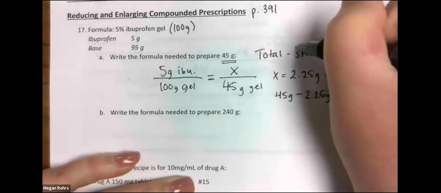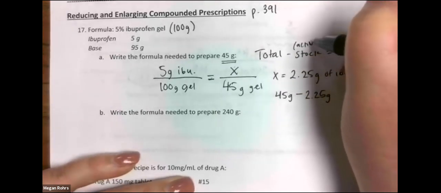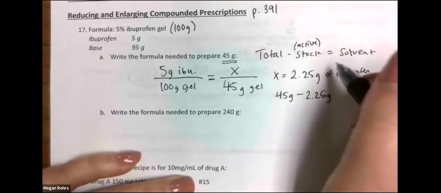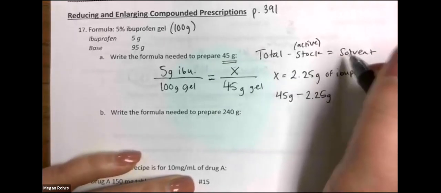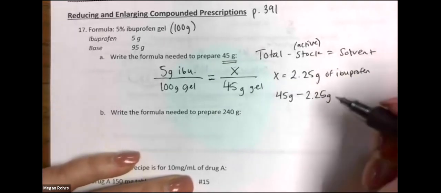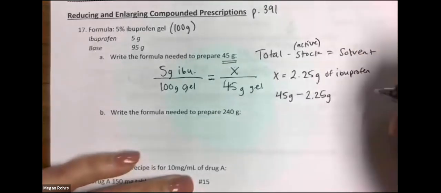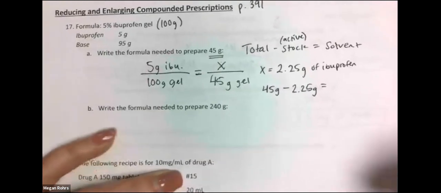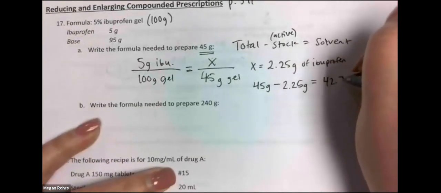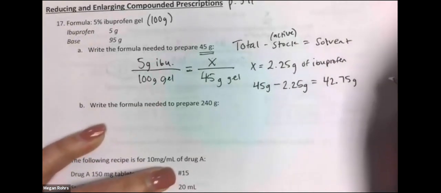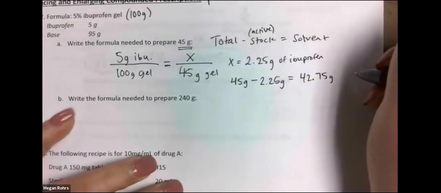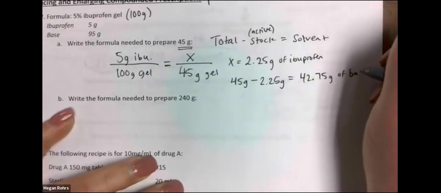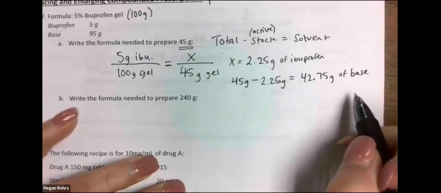You could also say active here if that helps you remember. Total minus active equals solvent, or your diluent, or your base, okay? So 45 minus 2.25 would give me 42.75 grams, and that would be of my base here.